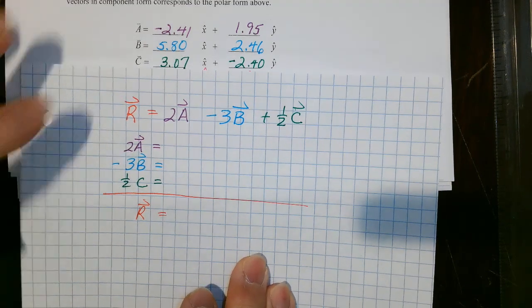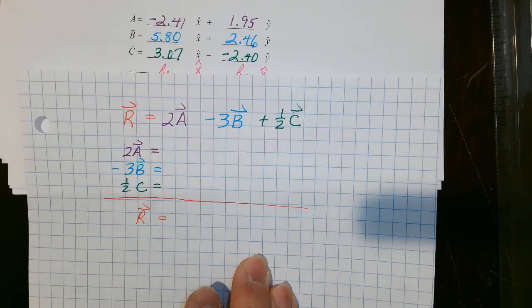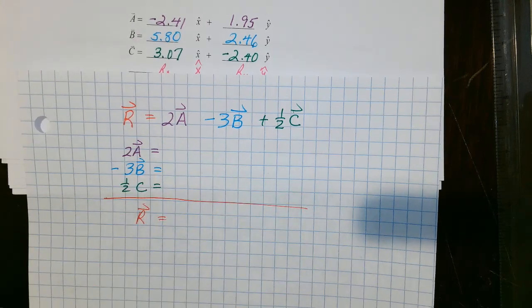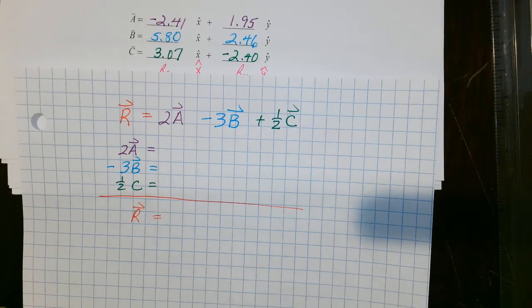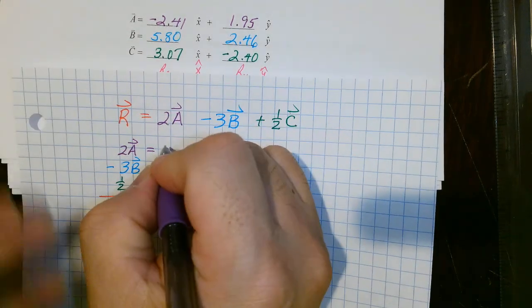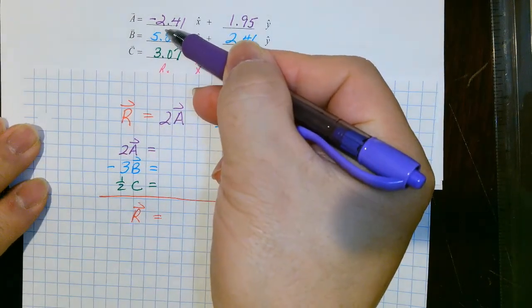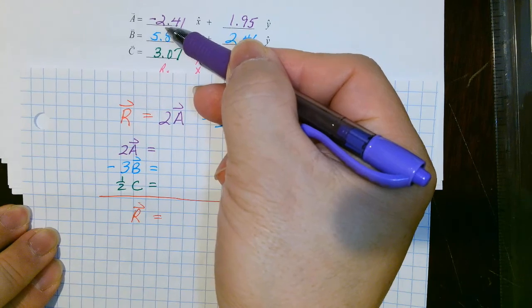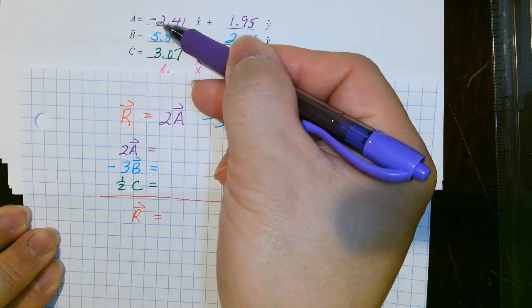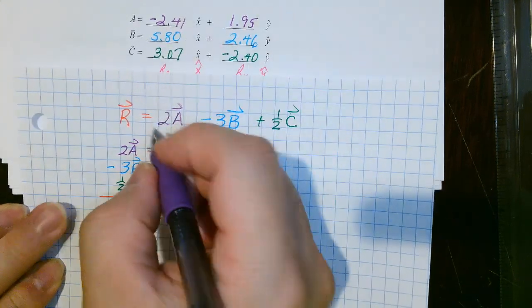All right. Let's take a look at 2A. This vector is just twice as much as A, which means this will have twice as much in the x direction, so it'd be negative 4.82 x hat.